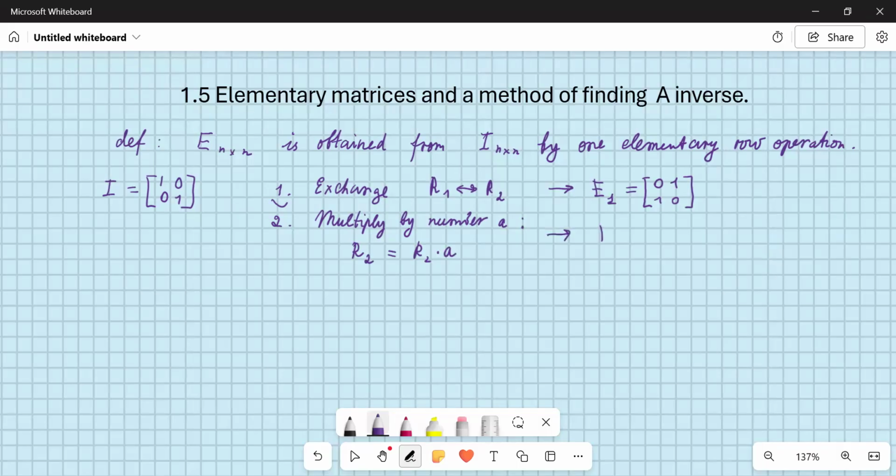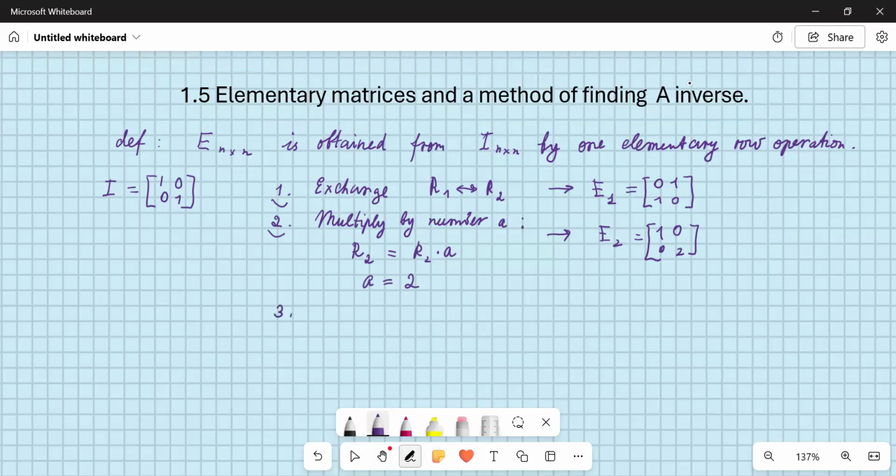And again, this index 2 means that it's the second elementary matrix, it's not showing the size of the matrix. Well, what can we choose as a number? Let's choose A equals 2. So how is it going to look? We need to copy the identity matrix and multiply row number 2 by 2, right? So it's going to be 1, 0, 0, 2. That's going to be the elementary matrix. Kind of nice, right?